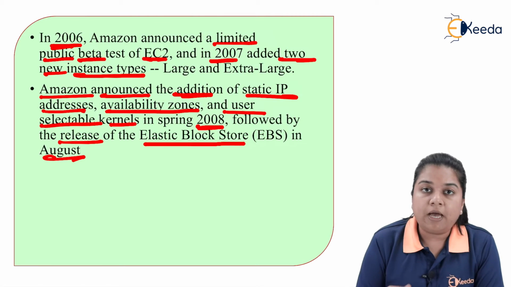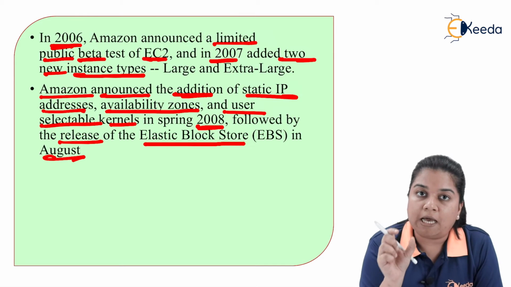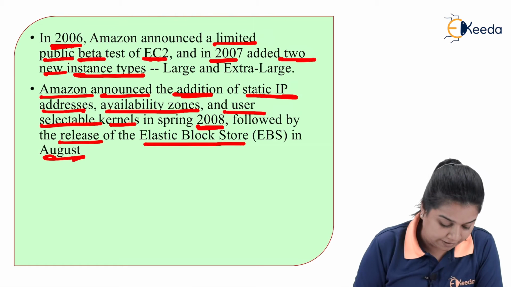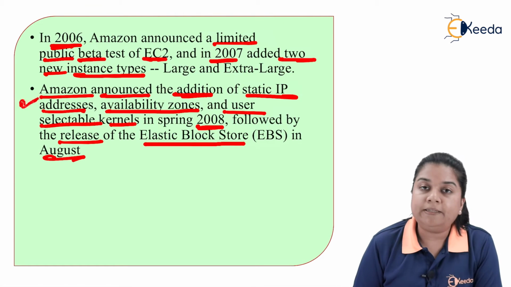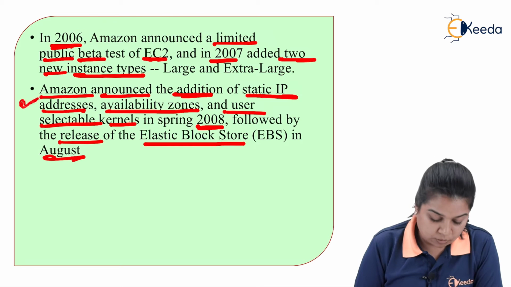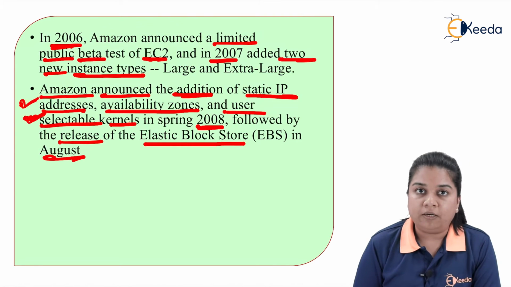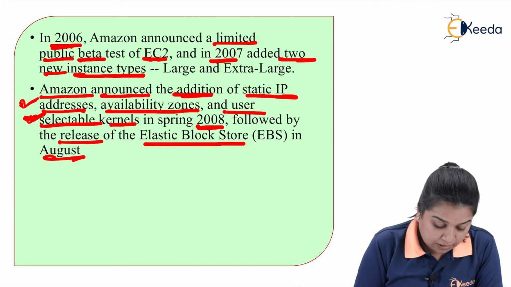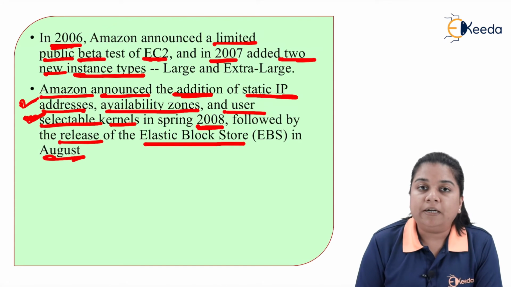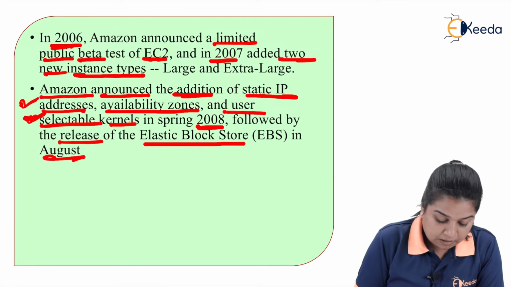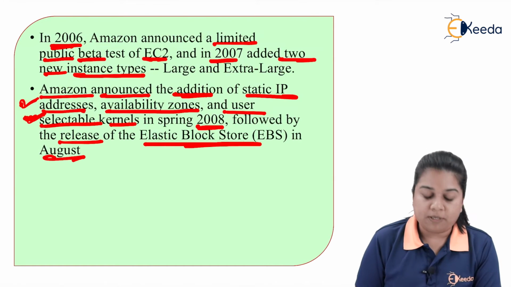It announced the addition of static IPs. Static IPs means they will be given once and will not be changed. And then also the availability zones and user selectable kernels were also provided there. Then after that, it released its new version, that is Elastic Block Storage, that is EBS.